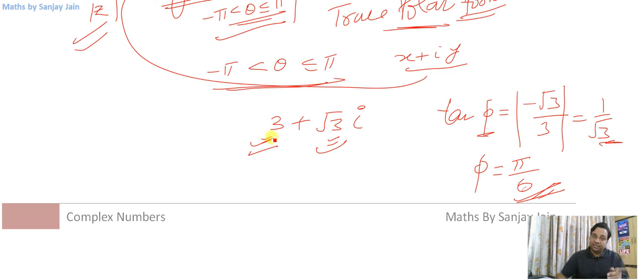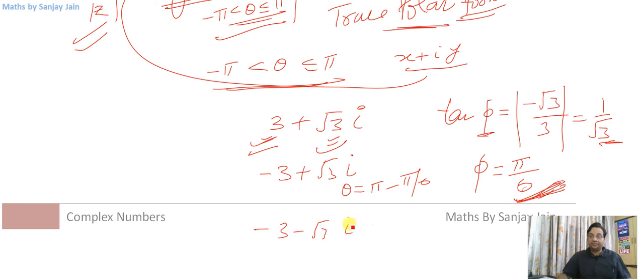If it is in the second quadrant, like minus 3 plus root 3 iota, it will still give me phi equal to pi by 6, but I will write theta equal to pi minus pi by 6. If it is in the third quadrant, minus 3 minus root 3 iota, then it will still give me phi equal to pi by 6 because I am looking for the reference angle.